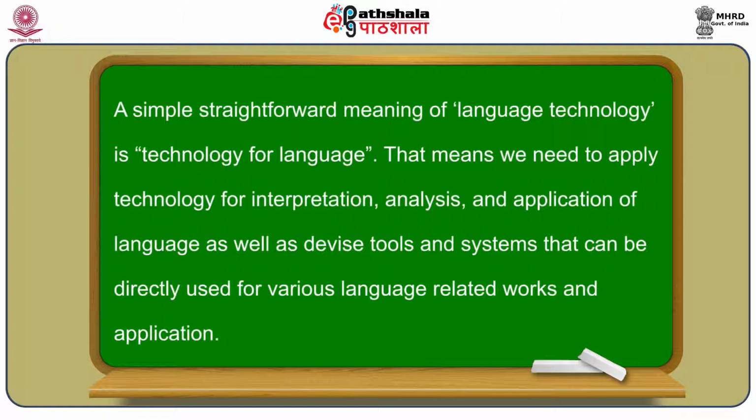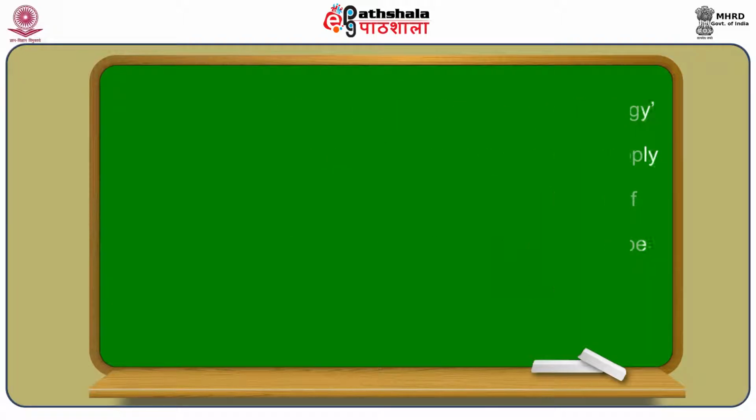So in most of the time, we are using technology also to do those things. Then the knowledge base which is gathered from the analysis of language, we use again to remodel, redesign the systems, redesign the techniques so that we can do it more elegantly.